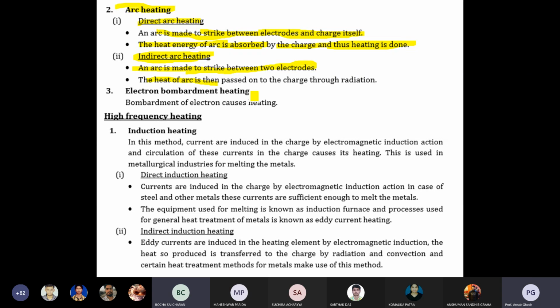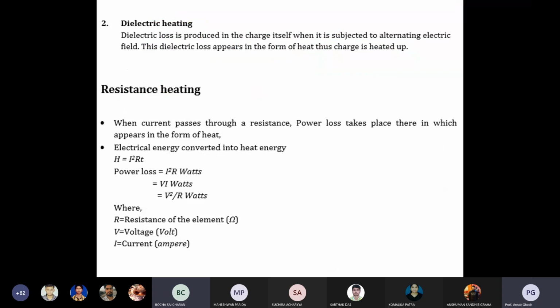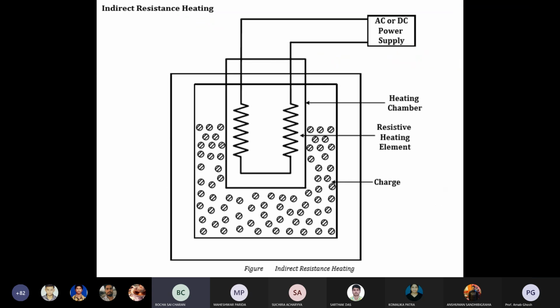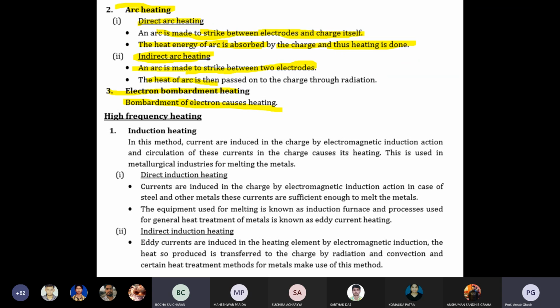Electron bombardment heating: bombardment of electrons may also cause heating. You can think of it this way: you have an electrode, and you energize the plate with some coil.